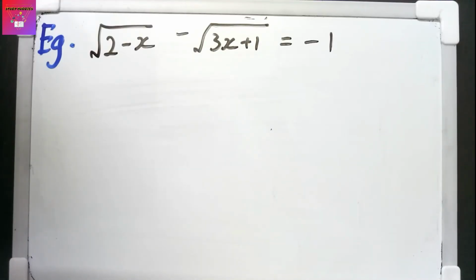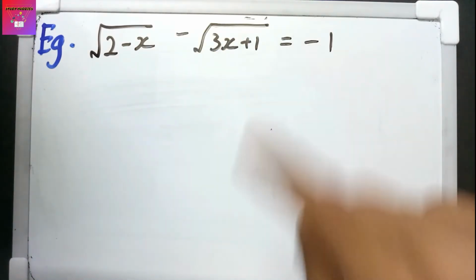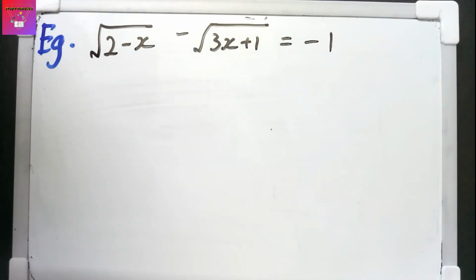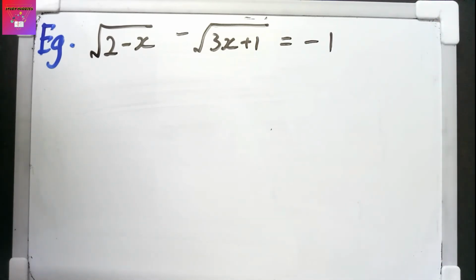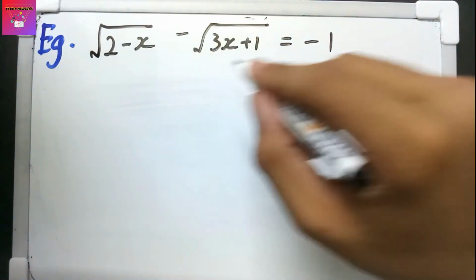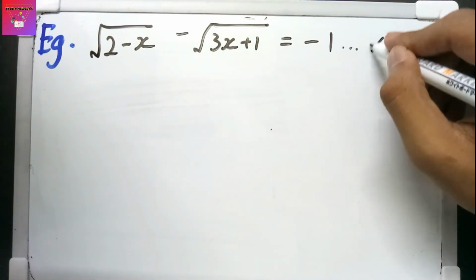Okay, so now we are looking at the question surd 2 minus x minus surd 3x plus 1 equals negative 1. What we shall do to answer this kind of question is try to remove the surds. So how to remove a surd? As I've mentioned just now, a surd is an undo of an index. So since it is a root of 2, we just square this whole thing.